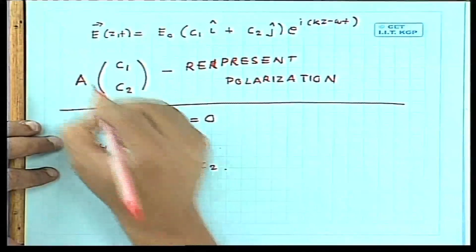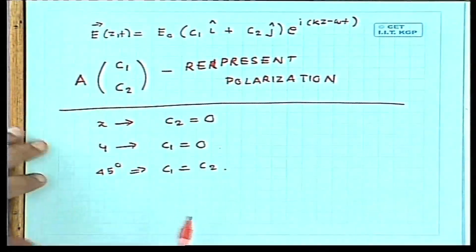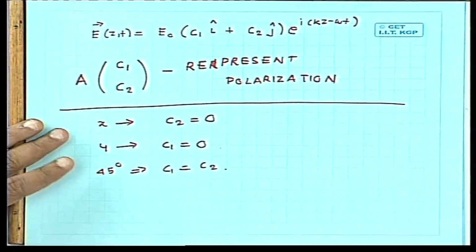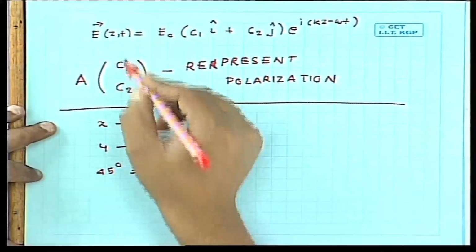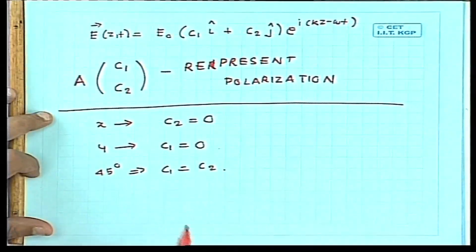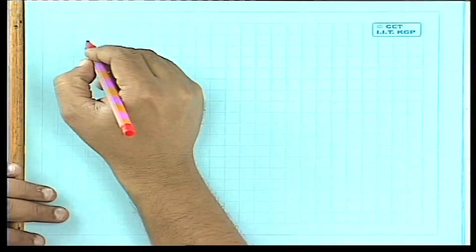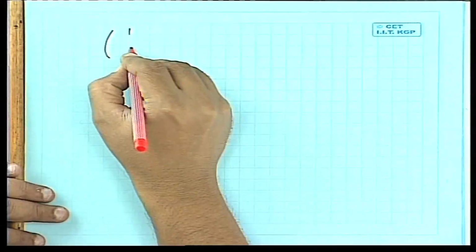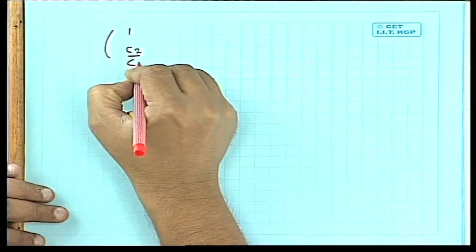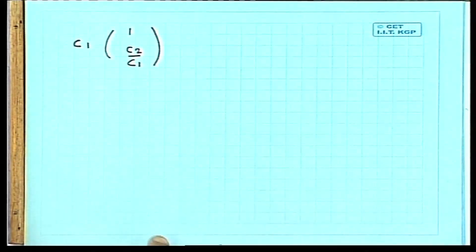Now in this way of representing the polarization state, the overall amplitude, I could multiply it by some number A and it would still be the same polarization state, just that the intensity would have changed. So I don't have to bother about the overall amplitude. So instead of using two complex numbers, I can use only one complex number, and that can be achieved as follows. I can divide throughout by, let us say, C1. So if I divide throughout by C1, then I have 1 and C2 by C1, and I can take the C1 outside.